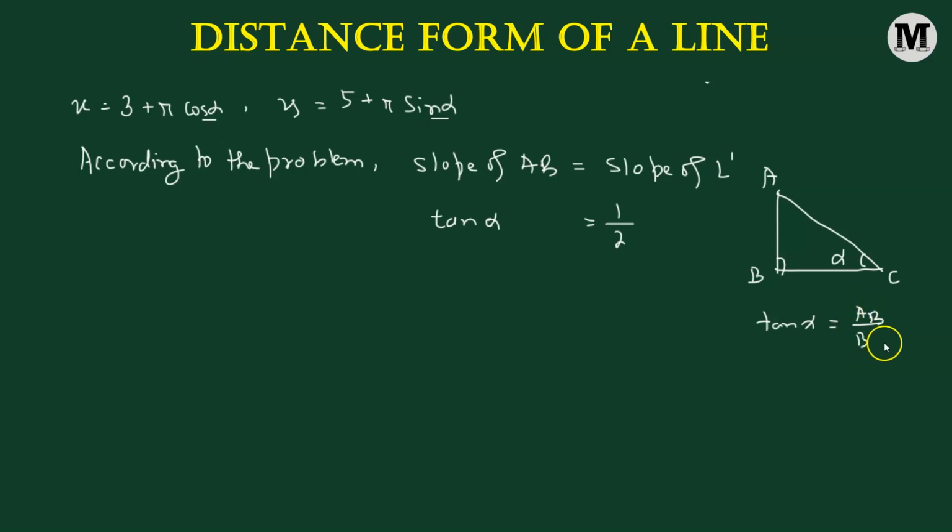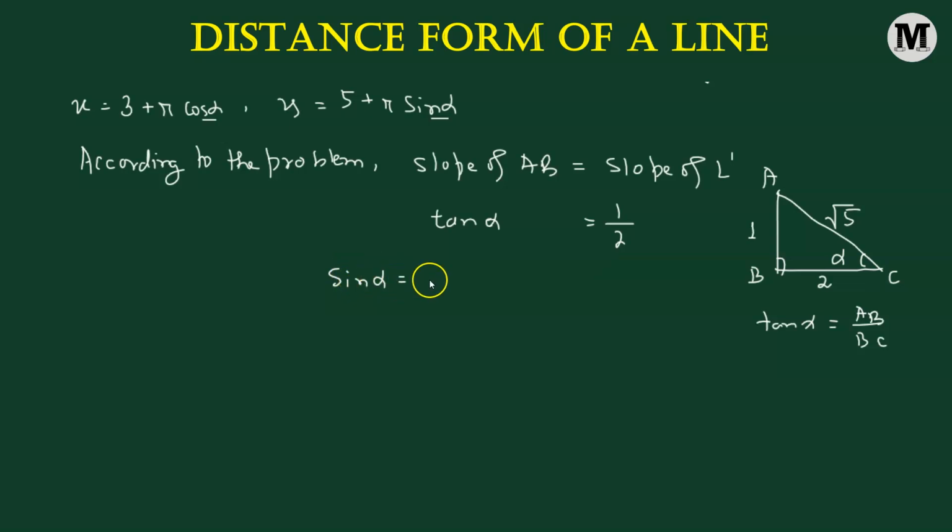That means AB over BC, which is in the ratio 1:2. So AB is going to be 1 and BC is going to be 2. And when we apply the Pythagoras theorem, we can easily find the length AC, and that's going to be square root of 5.